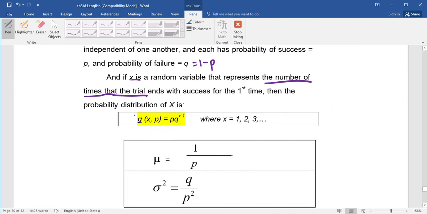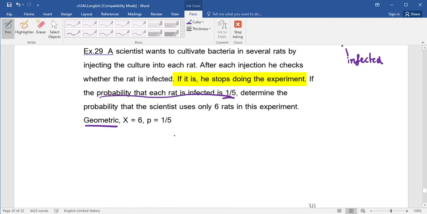So the probability that X experiments need to be done to get the first success, G(6), equals P Q to the X minus 1.